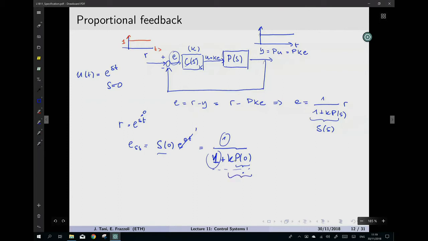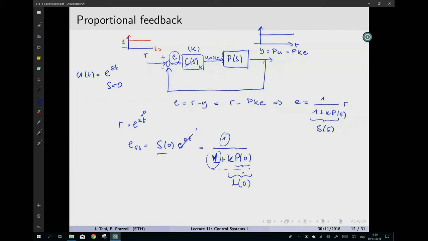Well, if this term here, let's call it, by the way, this is the open loop transfer function, L of 0. If this value here is very big, then the steady state error will decrease, right? Because we are increasing the denominator. But even if we increase this value a lot, we will never have a zero steady state error, right?